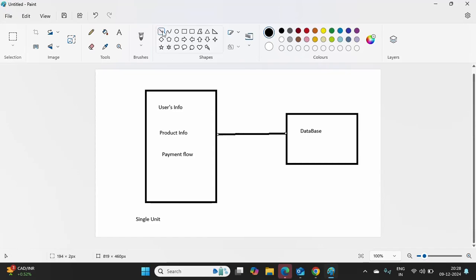Whatever user information, product information, and payment flow related information, like any master information regarding the payment, everything is going to be stored in the single database. This is how we usually follow the monolithic application pattern.